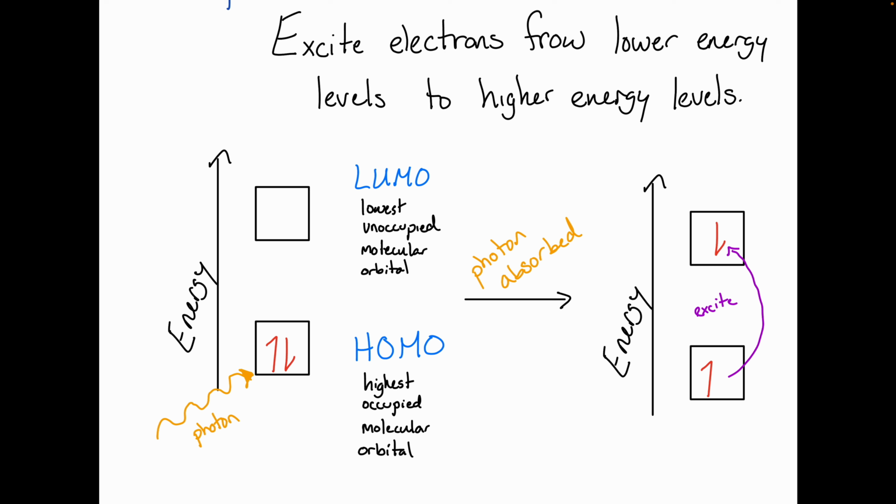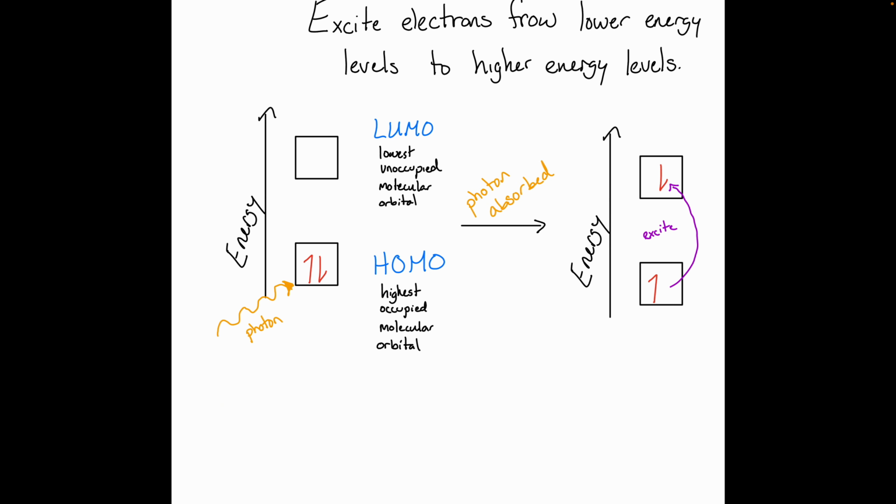The energy of that photon is being used to kick that electron from a lower energy level to a higher energy level. All right. And this process will just repeat itself over and over again, because once this electron is excited, it quickly relaxes back down to its original position.